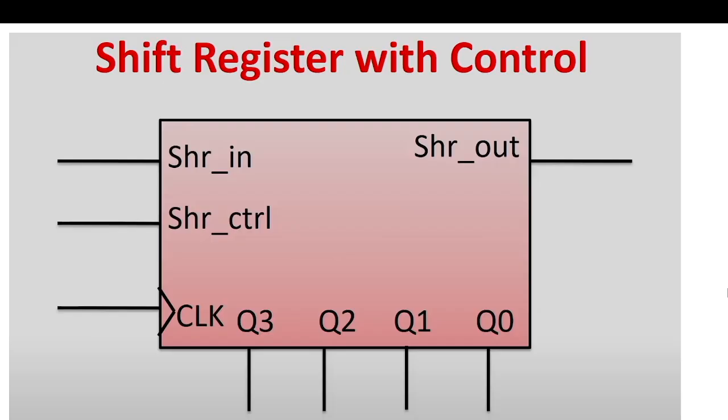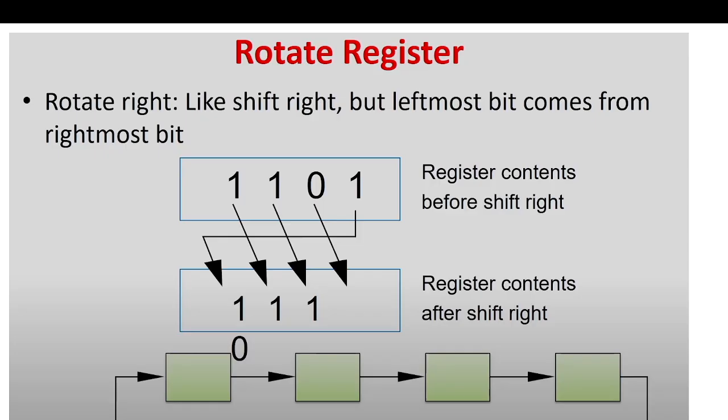So for the serial shift with control, we have one input, which is the serial in, and the control, the clock, and the serial output. And if we want a shift register to give parallel output also, we will have 4 output pins for parallel out.